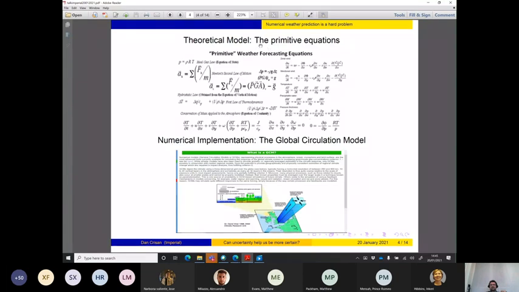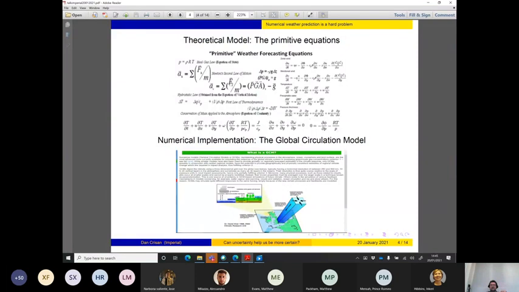These are called the primitive equations. I didn't put them here to go through them, because it would probably take a few days to go through each of these equations. I just put them there to show that it's not an easy model. It's not a straightforward single equation.